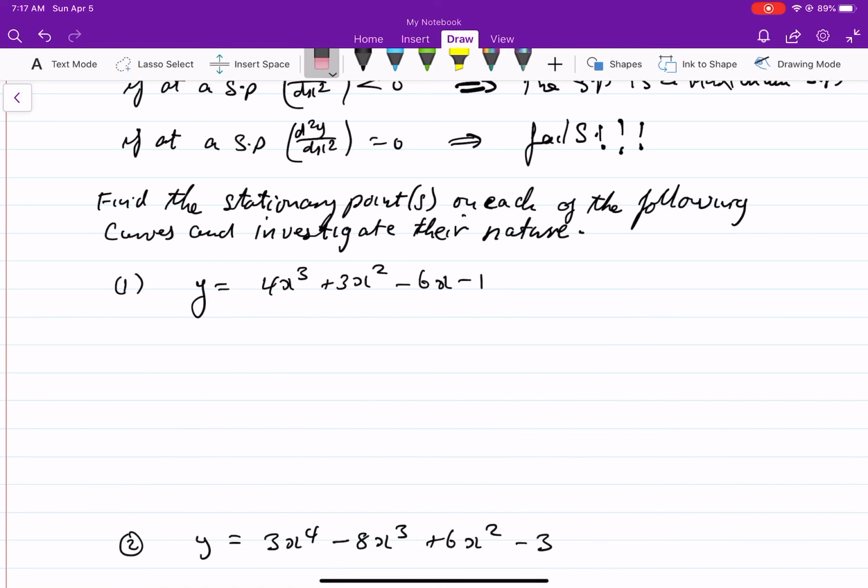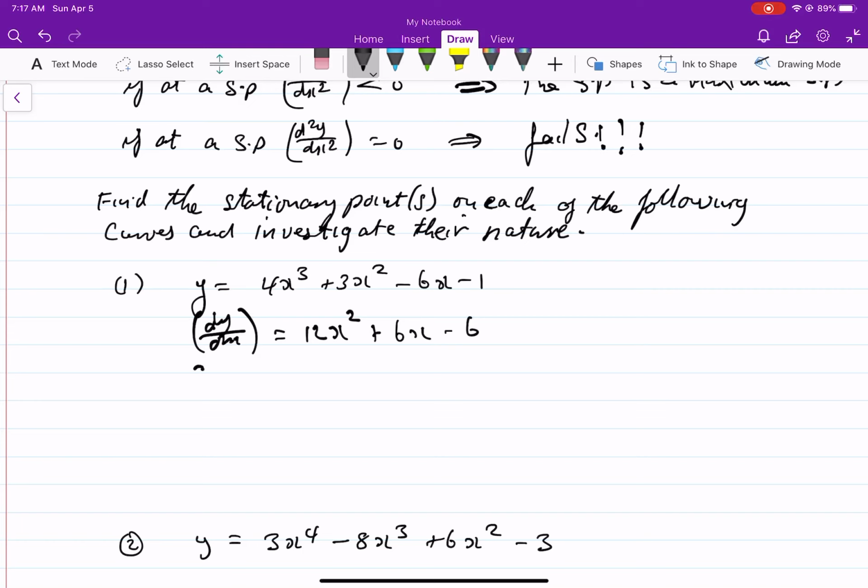Okay, so to find your stationary point, you first find your gradient function, dy dx. Dy dx, in this case, is equal to 12x squared plus 6x minus 6.